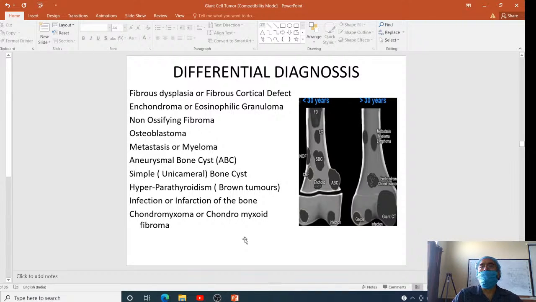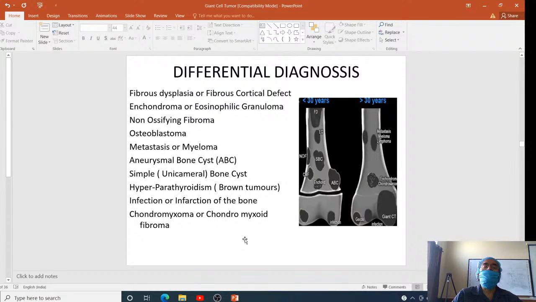These are very, very important. Whenever you see an osteolytic lesion anywhere in the body, in the bones, then it could be one of these things. Coming from above, fibrous dysplasia. For now, just remember what these things are. Then we can discuss one by one in later classes.